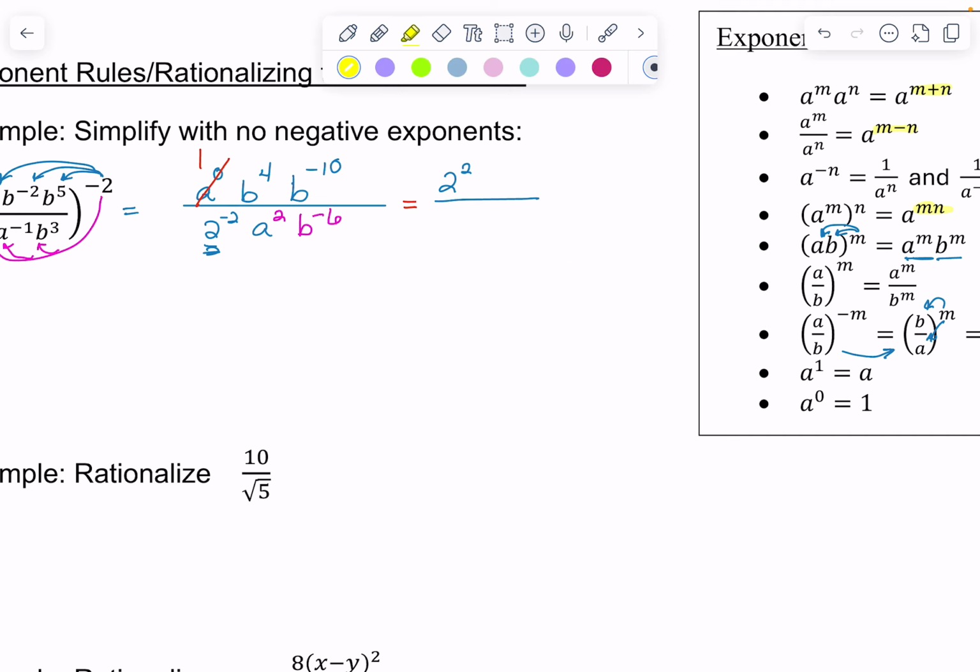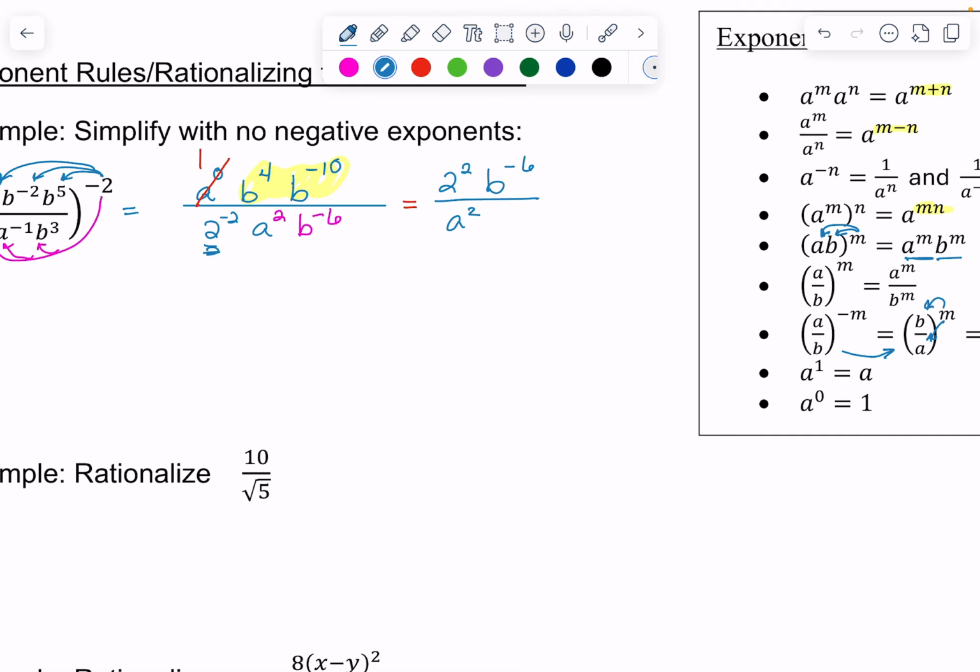These two put together, notice what I'm going to do is use that very top one, so I'm going to add those exponents. So I'm going to get a b to the negative 6, because I have a 4 plus a negative 10. I have my a squared. I already took care of the 2 to the negative 2.